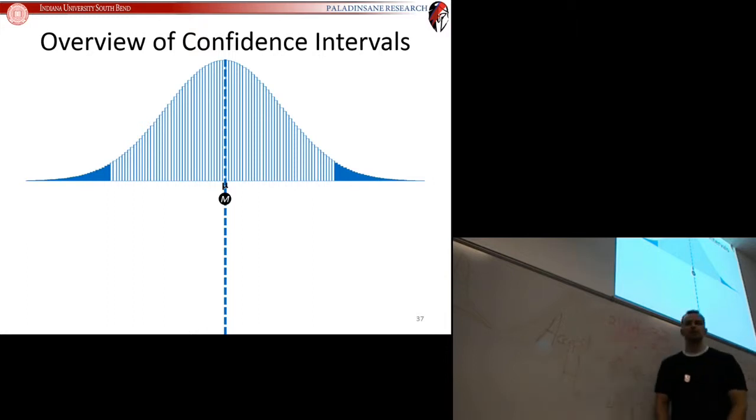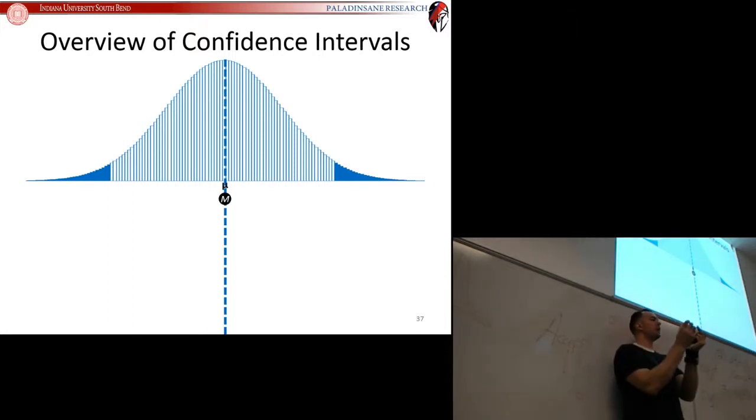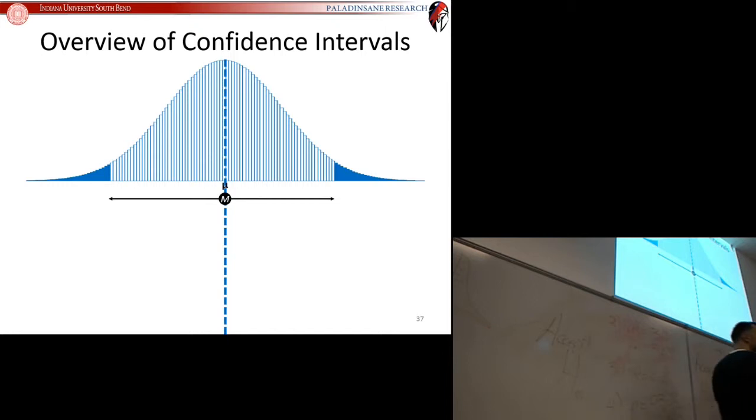So what do we do? Well, we use that point estimate and we make an interval around that point estimate, and we make an interval as wide as the body of our comparison distribution. So we put a certain percentage into the body of our comparison distribution. All right, so let me just draw that out real quick.